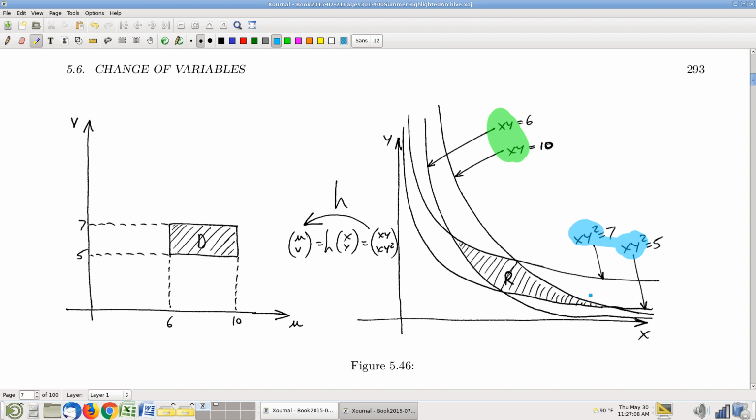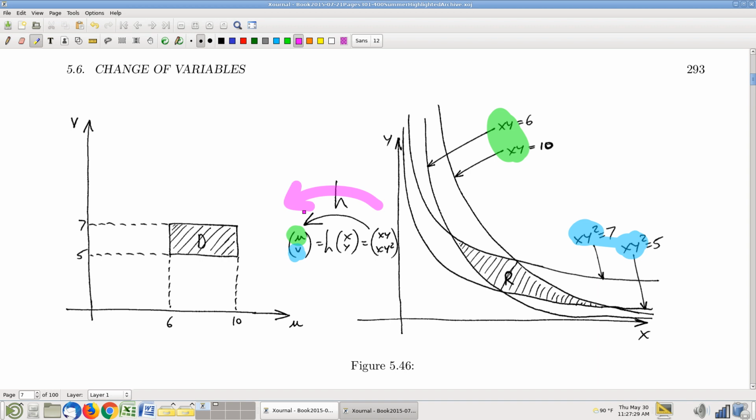These are functions of x and y. I'm going to use those things to define u and v as functions of x and y.